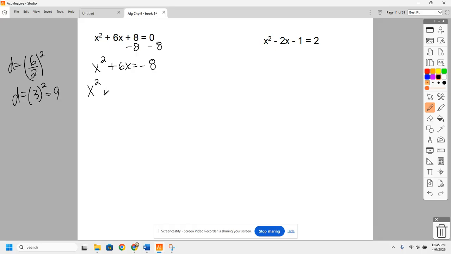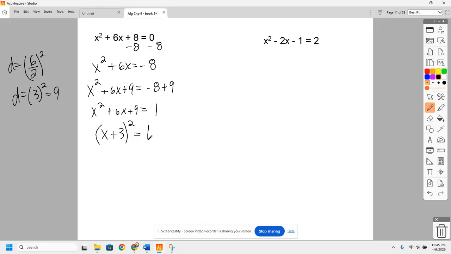So x squared plus 6x plus 9 is equal to negative 8 plus 9. I get x squared plus 6x plus 9 is equal to 1. Perfect square trinomial on the left is going to be x, 6 divided by 2 is 3. So x plus 3 squared is equal to 1.